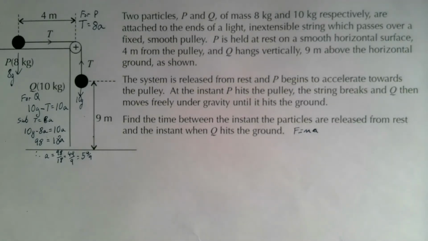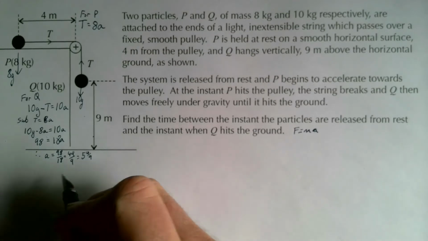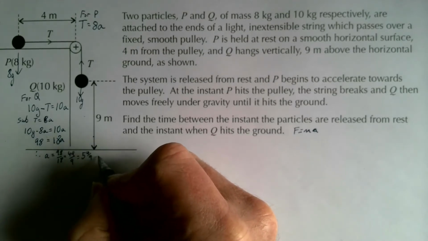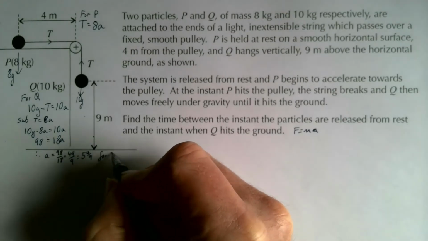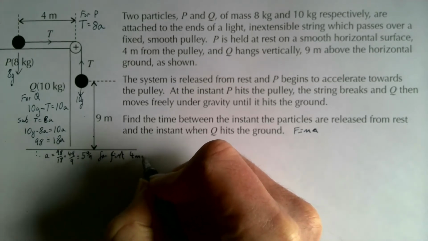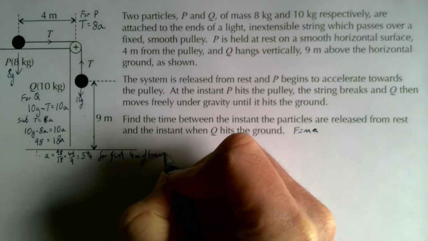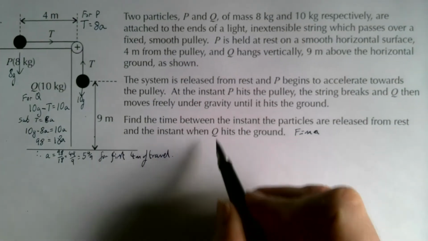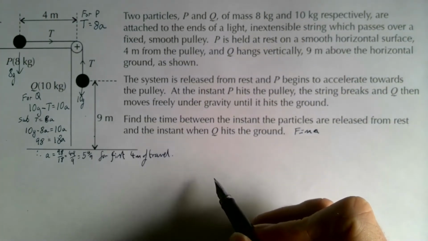So now that I know my acceleration, I'm going to write that is for the first 4 meters of travel. And I want to know the time until Q hits the ground. So I'm going to have 2 times of travel.